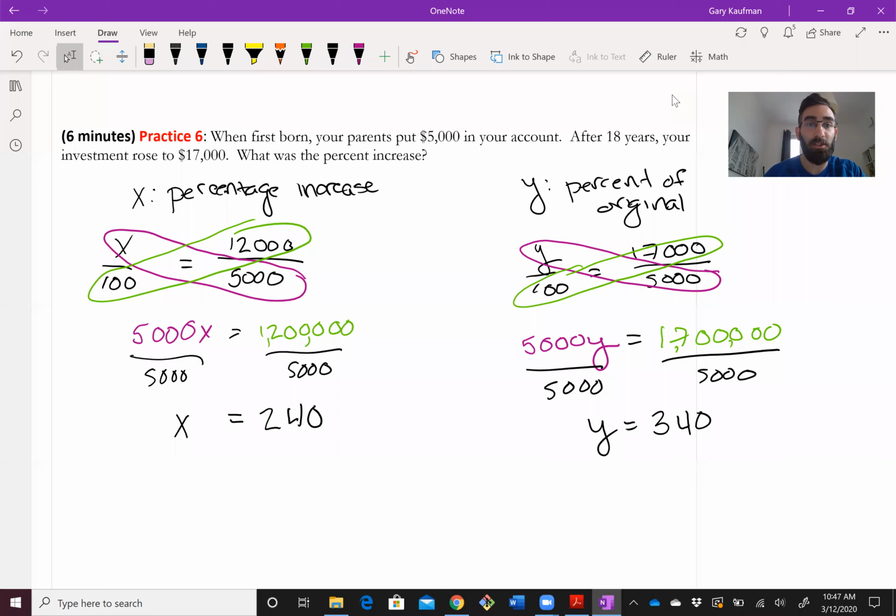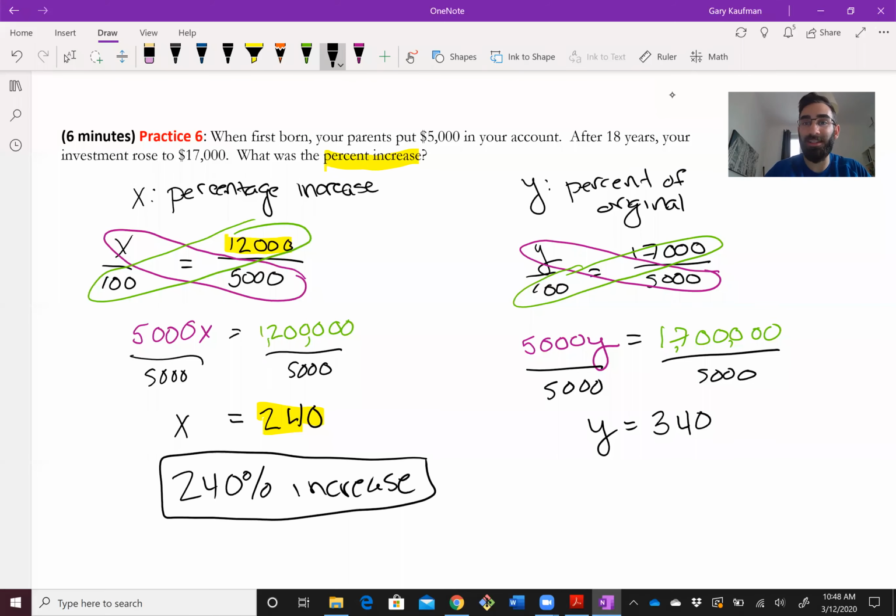Now in last class, we talked about the percent increase versus percent compared to the original. Now on the left, I just cared about the increase. If I went from 5,000 to 17,000, that means my increase was 12,000. So my final percent increase is a 240% increase.